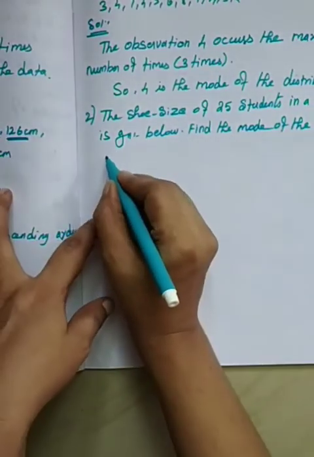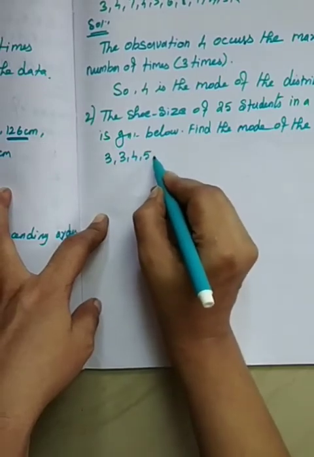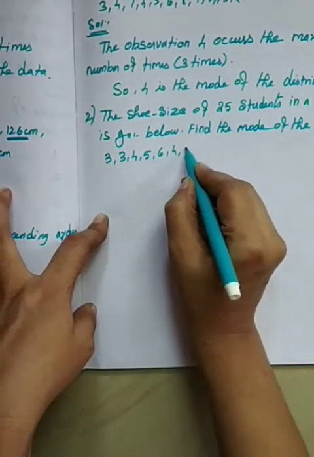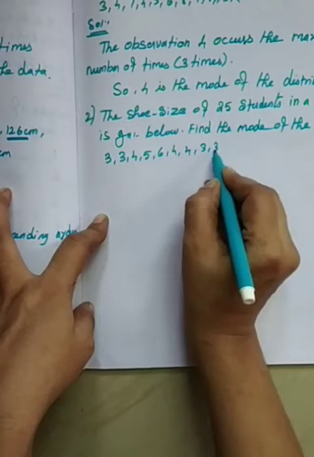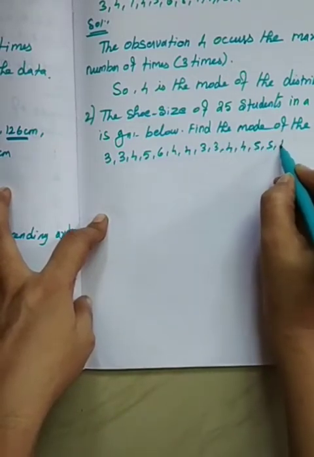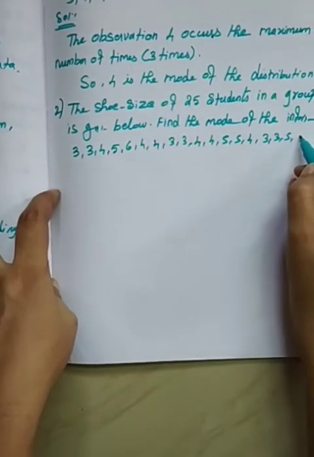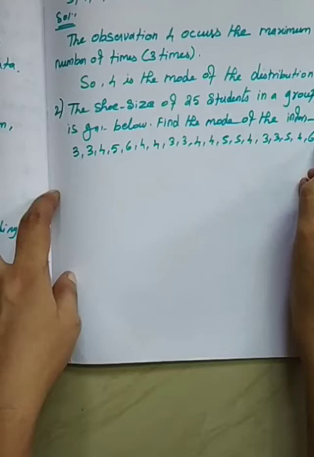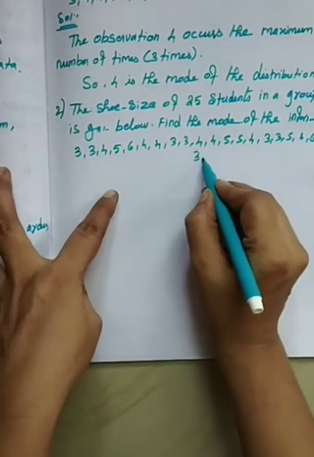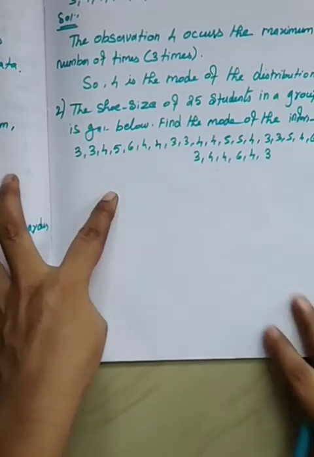See here: 3, 3, 4, 5, 6, 4, 4, 3, 3, 4, 4, 5, 5, 4, 3, 3, 5, 4, 6, 3, 4, 4, 6, 4, 3.